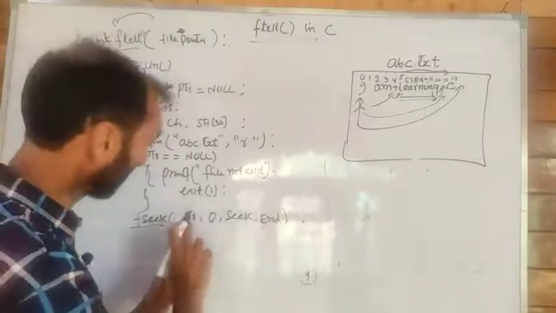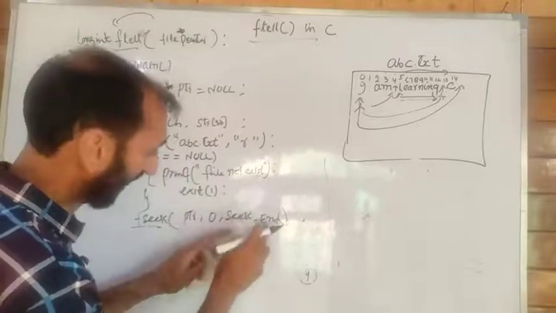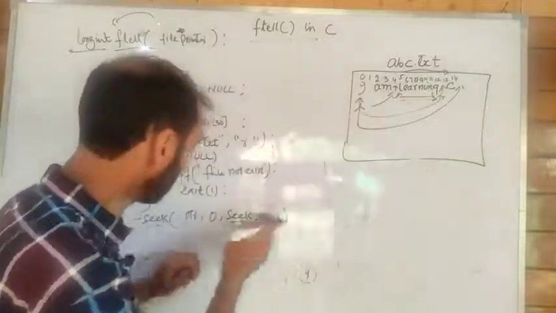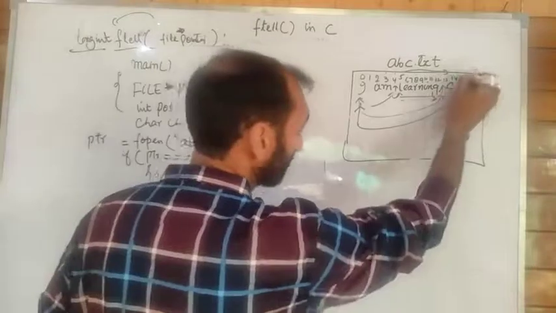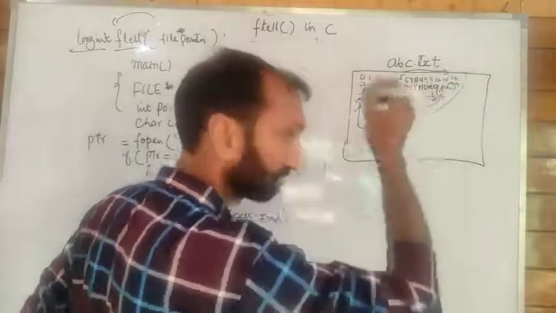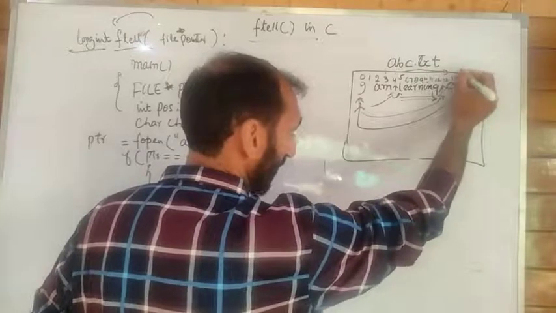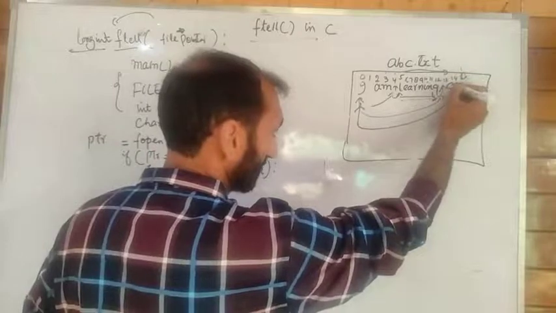The instruction for moving the file pointer or cursor to the end is this, because here we want to move the file pointer. SEEK_END is used to move the file pointer from the end, with 0 offset, so it is at the end of the file.